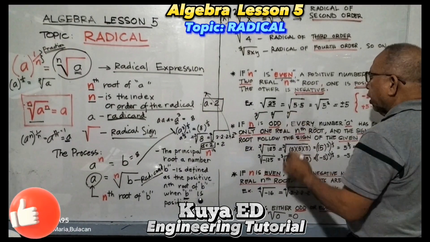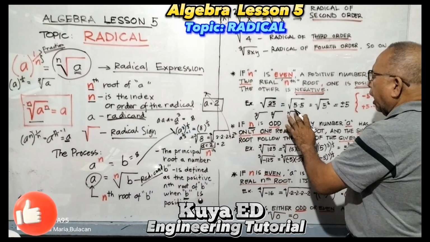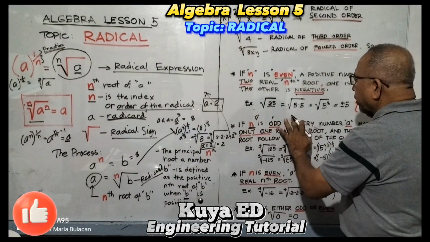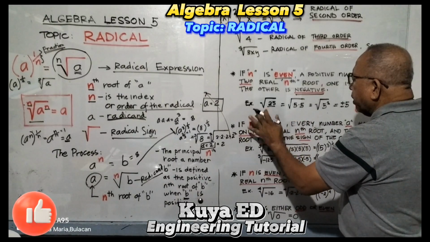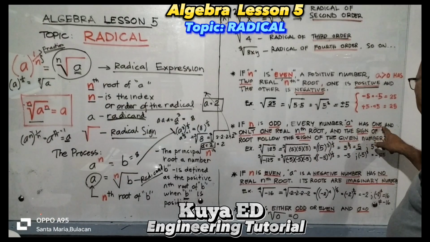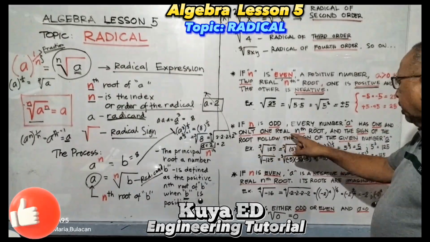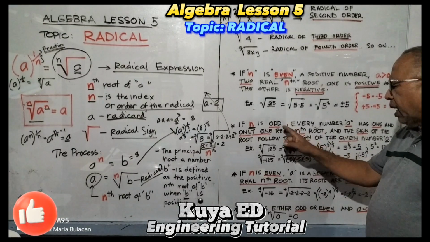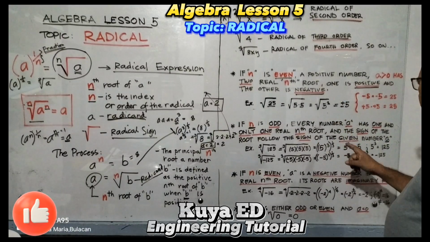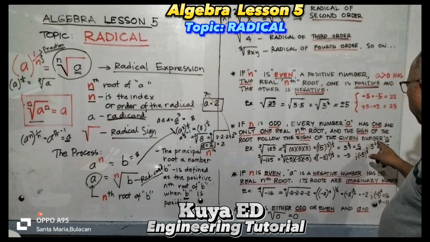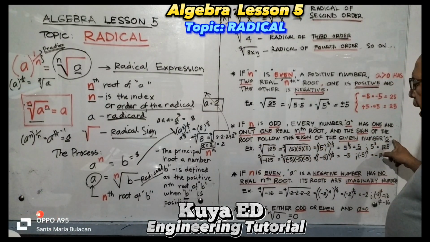No? 7. So, odd na sila lahat. So, pwede daw yung odd. It's either negative or positive. Pwede daw. No? Every number A has one and only one real nth root. So, ang ano lang dito, pag odd, isa lang daw ang root niya. And the sign of the root follows the sign of the given number A.